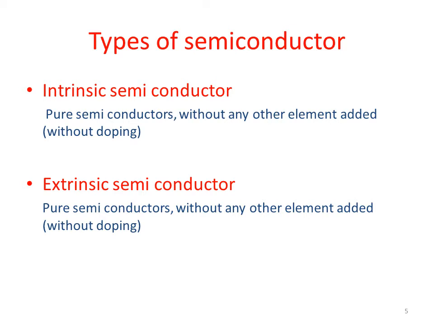It means that a semiconductor in its purest form, without the addition of any other element, is called an intrinsic semiconductor. However, when we add atoms from other groups to the semiconductor material, the resultant material is called an extrinsic semiconductor material. Now we will shortly see why we basically add elements of different groups to the semiconductor material.